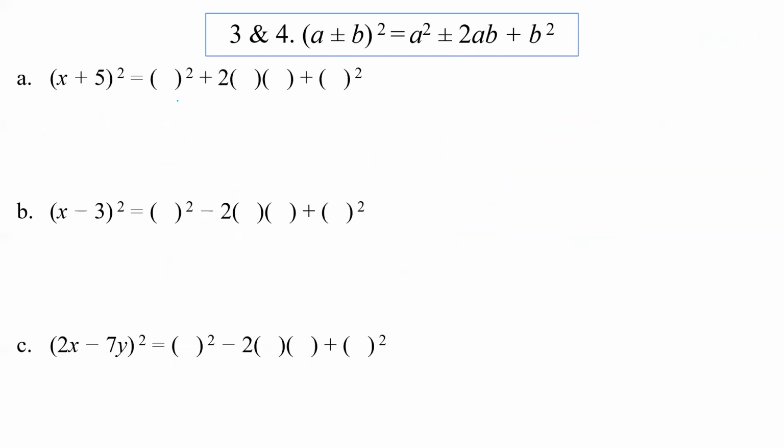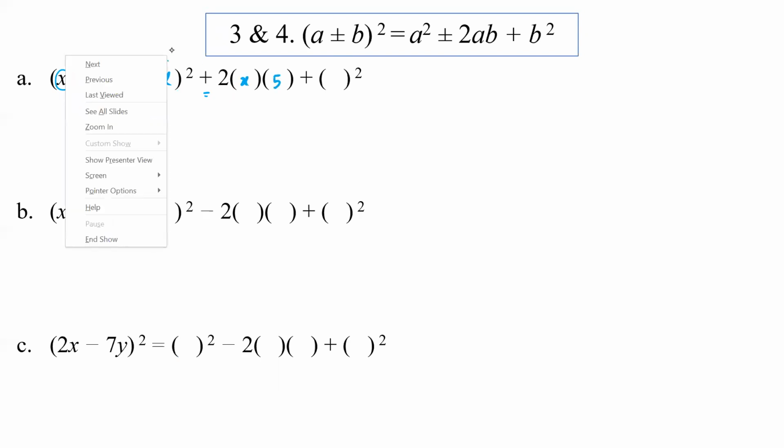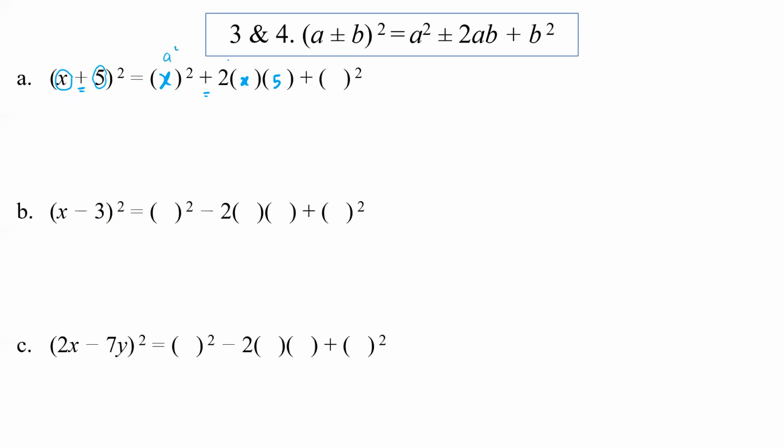So in this case, now I write out the framework so that you can memorize the formula easier. It's a squared plus-minus 2ab plus b squared. So if this is plus, this is plus. We always square the first term, that is x. Next we fill in the first term and the second term behind the 2, x times 5, because this is a squared plus 2ab plus b squared. b is the second term, so 5.